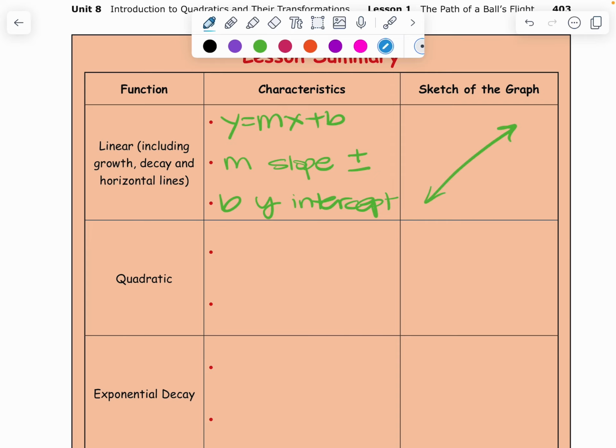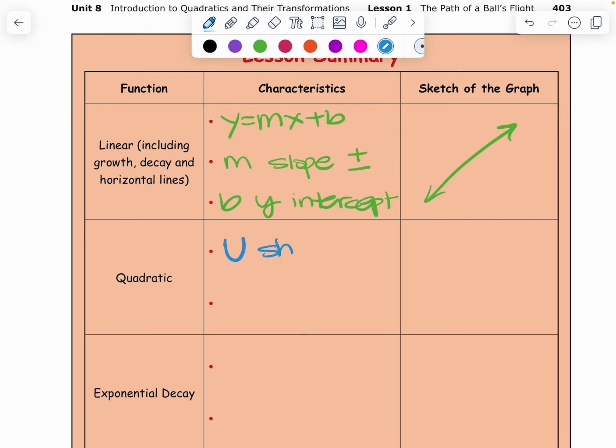A quadratic is U-shaped. If it opens up, then our vertex would be a minimum. If it opens down, then our vertex would be a maximum. So here's an example of a parabola.